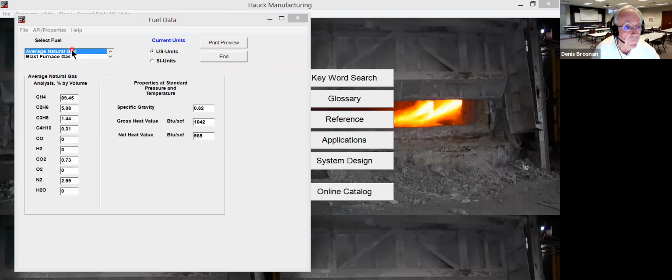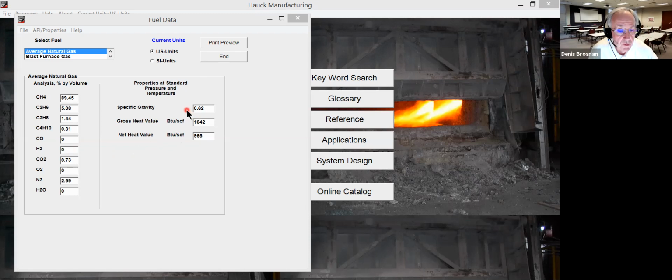So up here, we have average natural gas shown. It's the fuel that we've picked. There's a scroll down menu to pick other fuels. It's going to tell you the methane component, the ethane component, the propane component, the butane component, and other components that we normally find in that fuel.